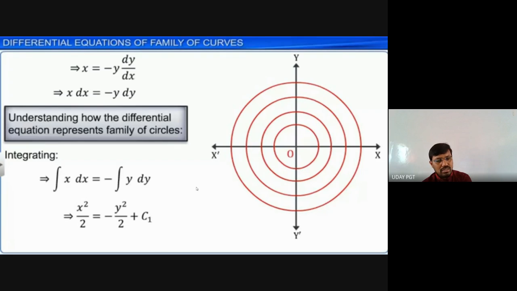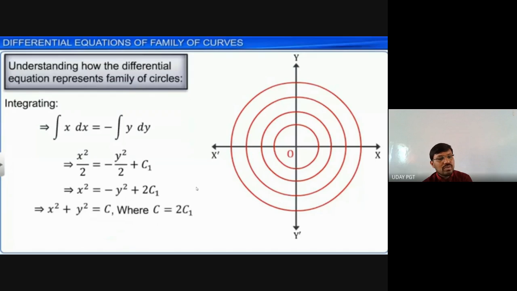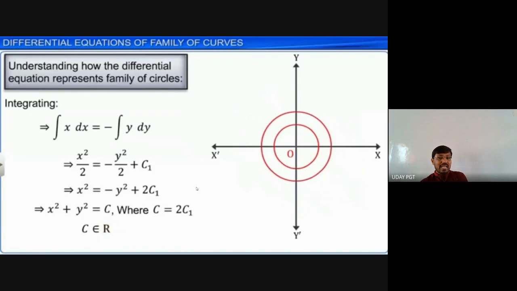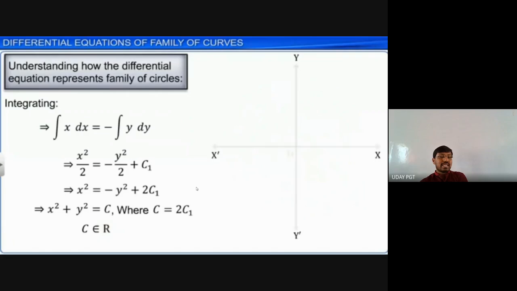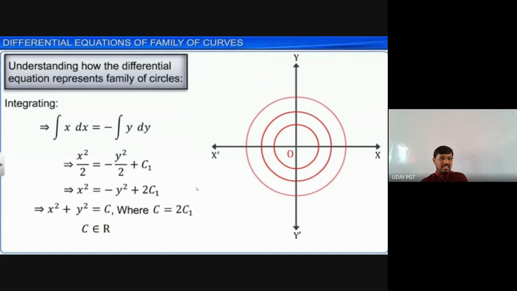So x square plus y square equal to 2c1, and 2c1 is replaced with c. So we get x square plus y square equal to some constant, and that constant belongs to the set of real numbers and can be any real number. Depending upon the real number it takes, we get different circles. That's why we call it a family of circles.